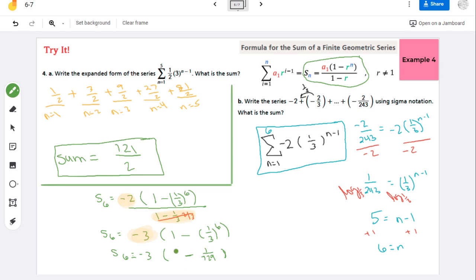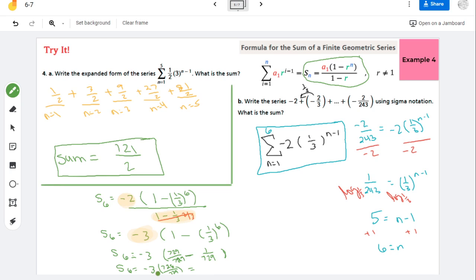Now I know that I'm doing 1 minus that, so I need my 1 to have a common denominator. So I'm rewriting 1 to be 729 over 729. When I do that subtraction, I get S sub 6 equals -3 times 728 over 729. Got to get real skinny here, y'all.